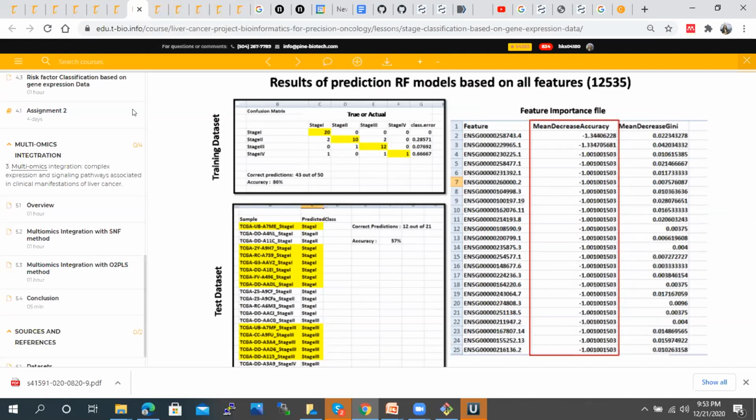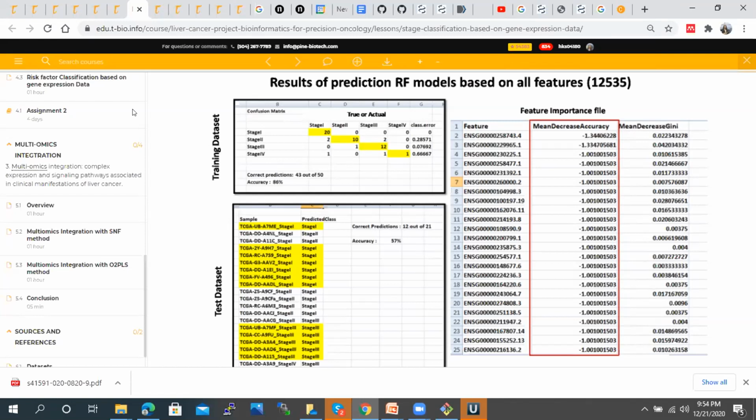So we're integrating all the RNA and miRNA data and then trying to understand, based on multi-omics integration, which clinical factor this data is representing.